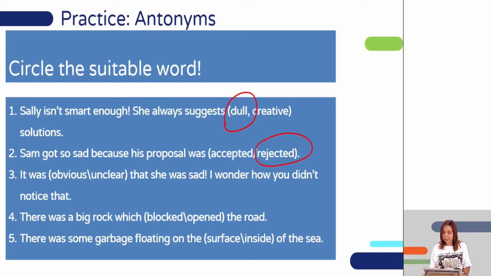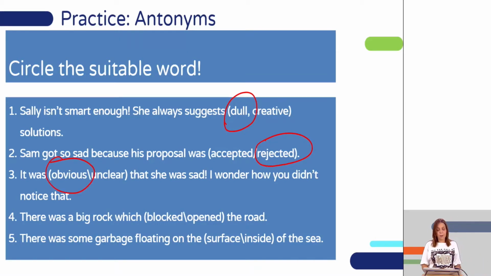We are usually sad when our proposals are rejected. It was obvious or unclear that she was sad. I wonder how you didn't notice that. So it was, yes, you're right, obvious. It was so clear. I wonder how you missed that.